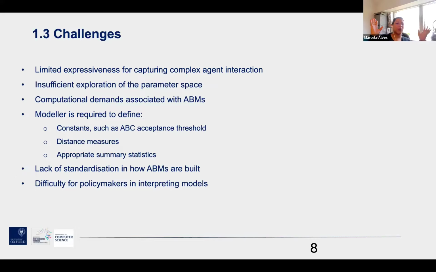And mainly in this context of ABMs for the economy, what we want is for the output of the ABM to be interpretable, and hopefully some policymaker will see it and try to understand how policies would impact the economy.